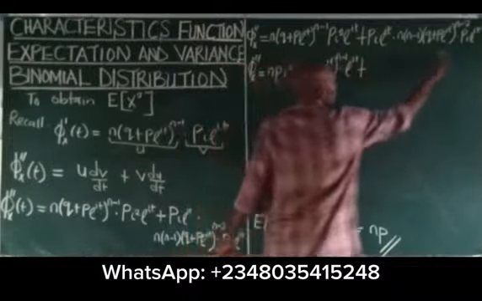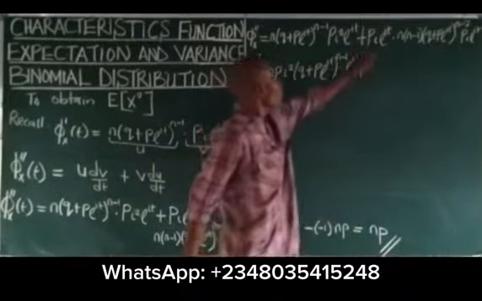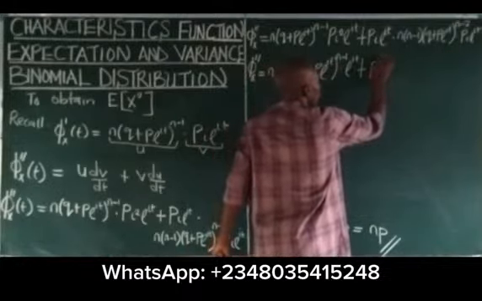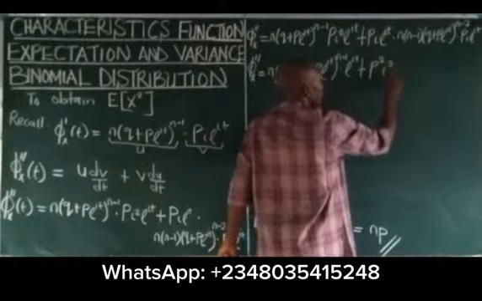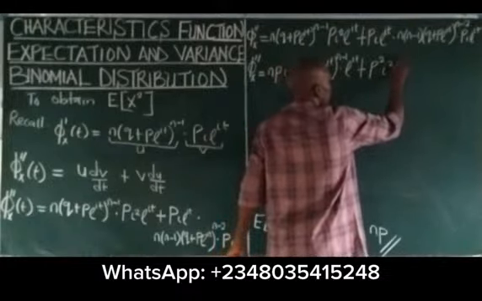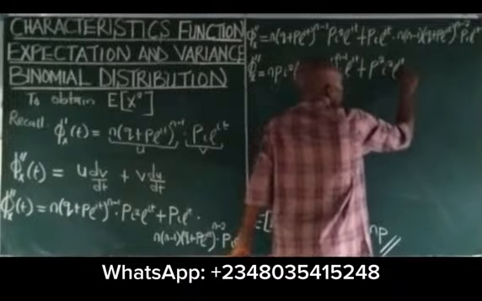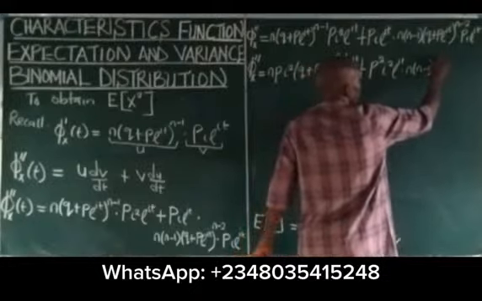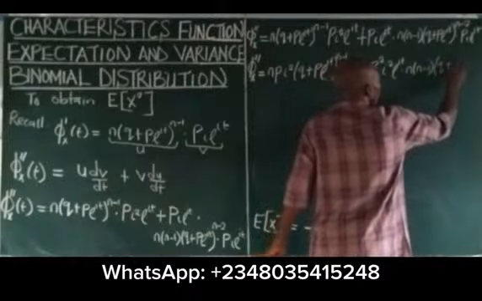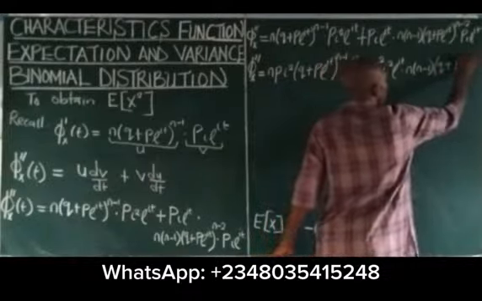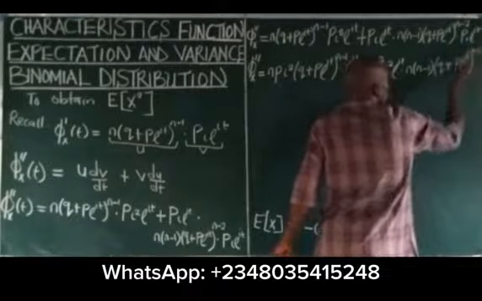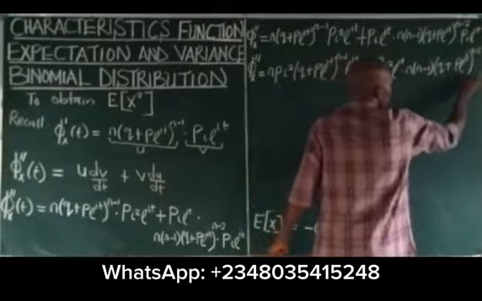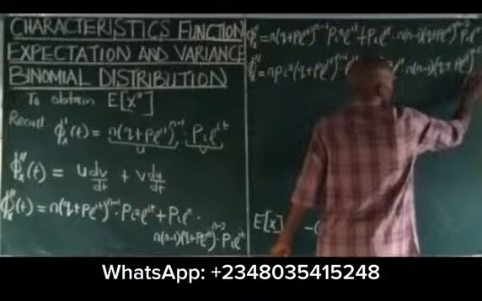Plus, this is p and this is p, so this will multiply this, i will multiply i to give us p squared i squared exponential it into n multiplied by n minus 1. Then we have (q plus p exponential it) to the power of n minus 2 multiplied by, since this has gone over to this side, just exponential it.